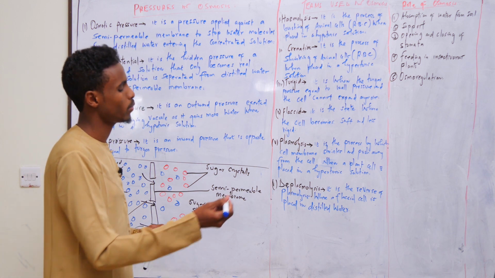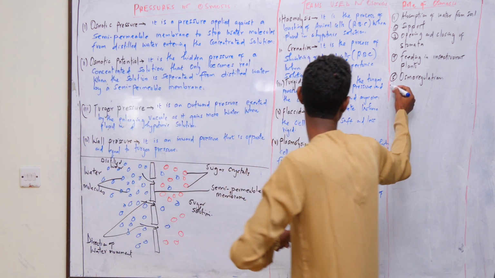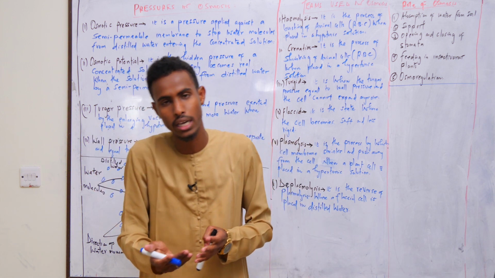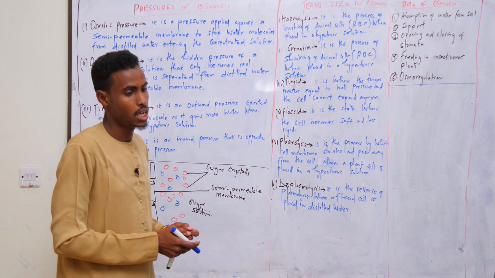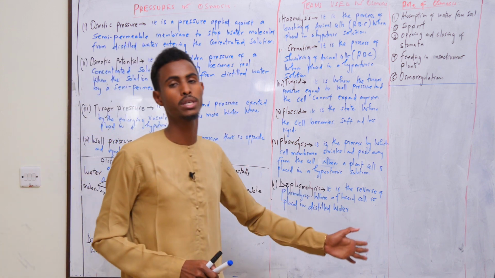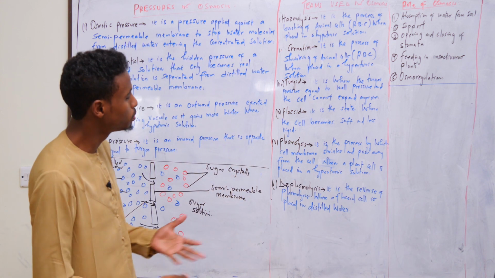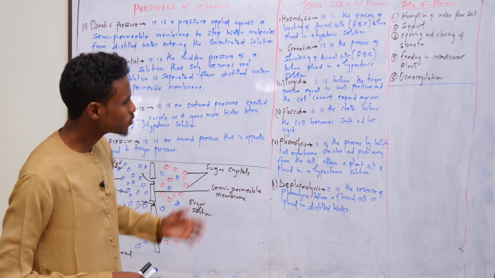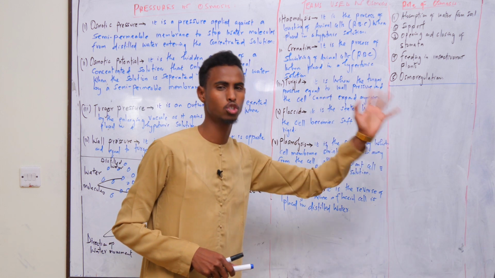For instance, we may have a scenario where we give you a setup, with a certain solution in a Visking tubing and another solution in the beaker. You will be told what type of membrane the Visking tubing represents. The Visking tubing represents the semi-permeable membrane. Another question: which part of the cell does the Visking tubing represent?